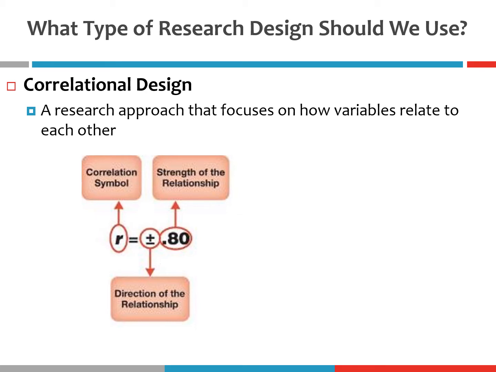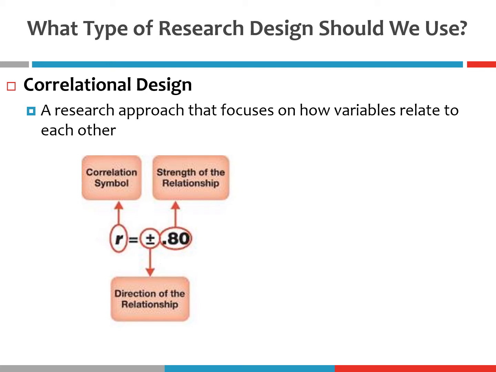So whenever we conduct a correlational research design, essentially the metric that we're interested in is something called the Pearson R, right? So whenever we're trying to measure the strength of a relationship and the direction of a relationship between two variables, right, we have two indices for that.